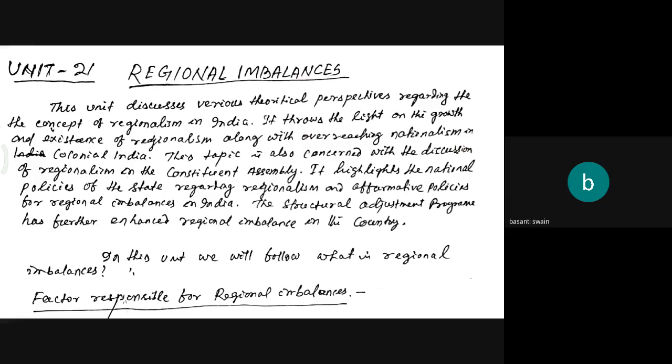You see the Nagas and the Mizos, Nagaland and Mizoram, Punjab and Haryana for language. But why regional imbalances are created in the minds of the people should be discussed in this topic.